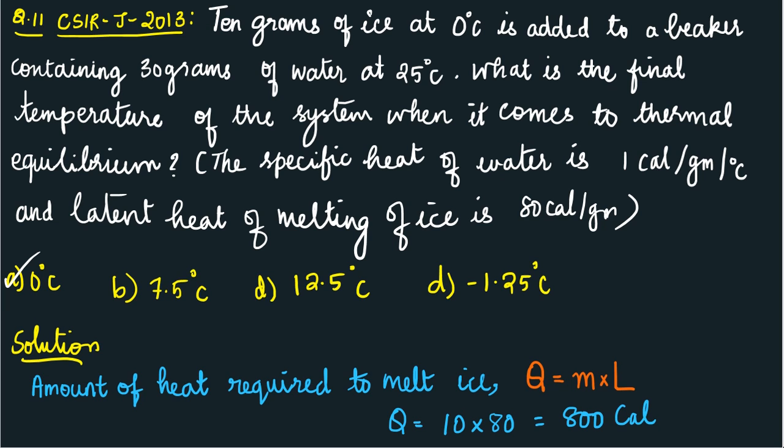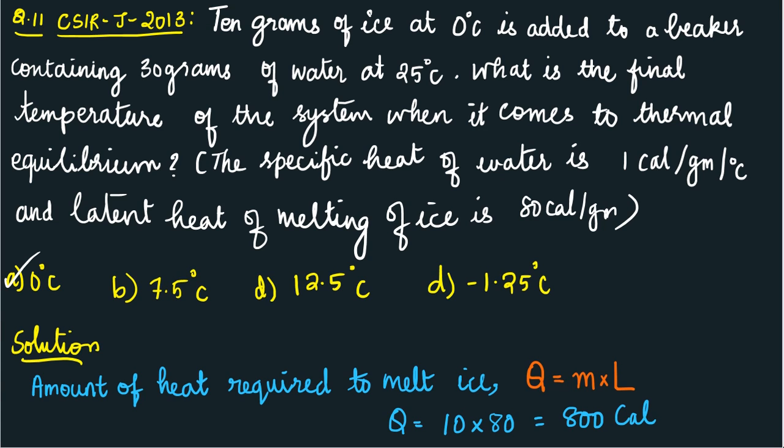When the heat required is greater than the heat present, then what can you do? And when the heat required is lesser than the heat present, then what will be the answer? So the basic thing for these kinds of questions is that you have to find the heat required and the heat present.